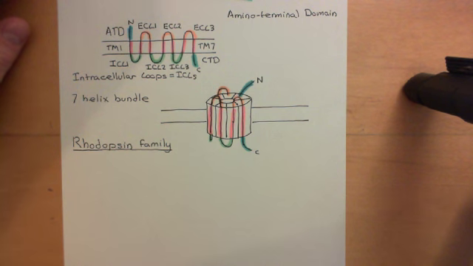And the second reason it's easy to produce crystals of rhodopsin is that it's quite easy to get a very concentrated sample of rhodopsin from cow eye, basically. Cow retina. Bovine retina is the fancier way of saying it. So that's why rhodopsin was the first G protein coupled receptor to get an X-ray crystallographic structure. Again, I think up to about 2007, 2008, that was the only G protein coupled receptor that we had the actual X-ray crystallographic structure of.